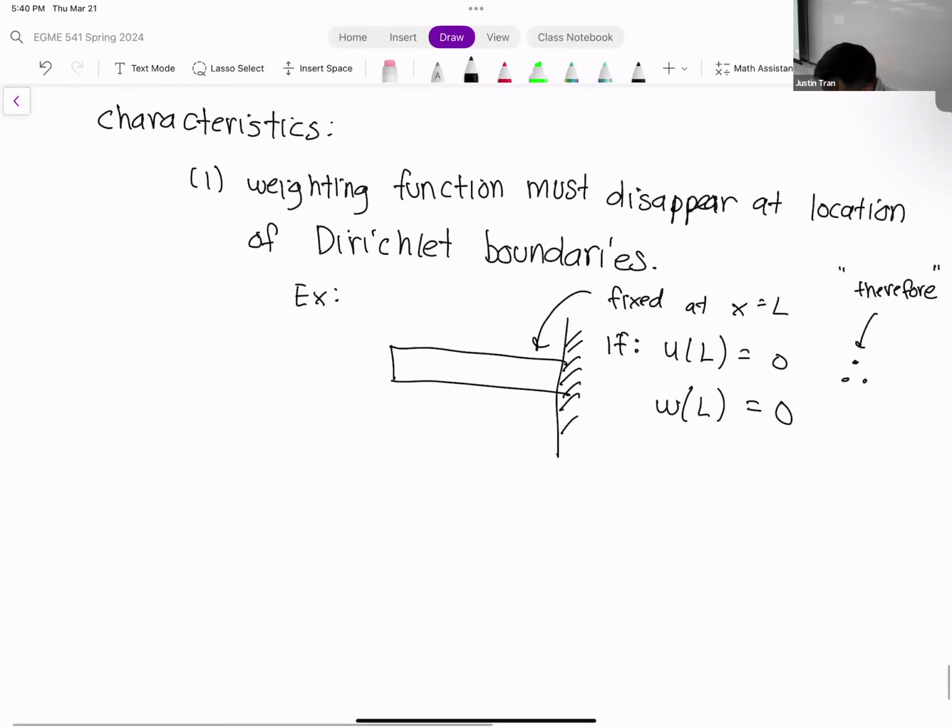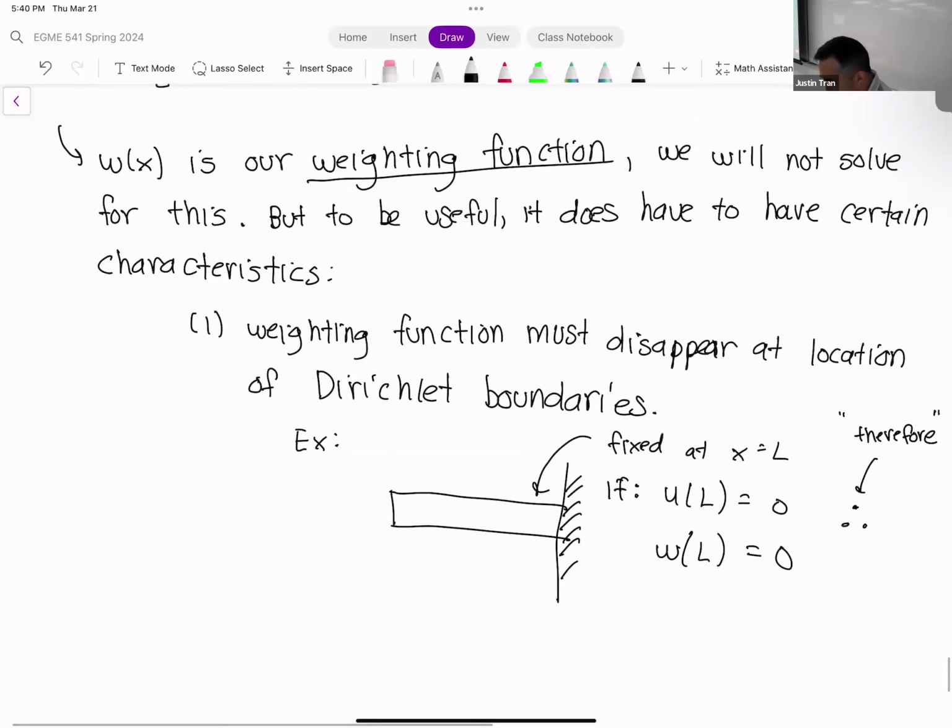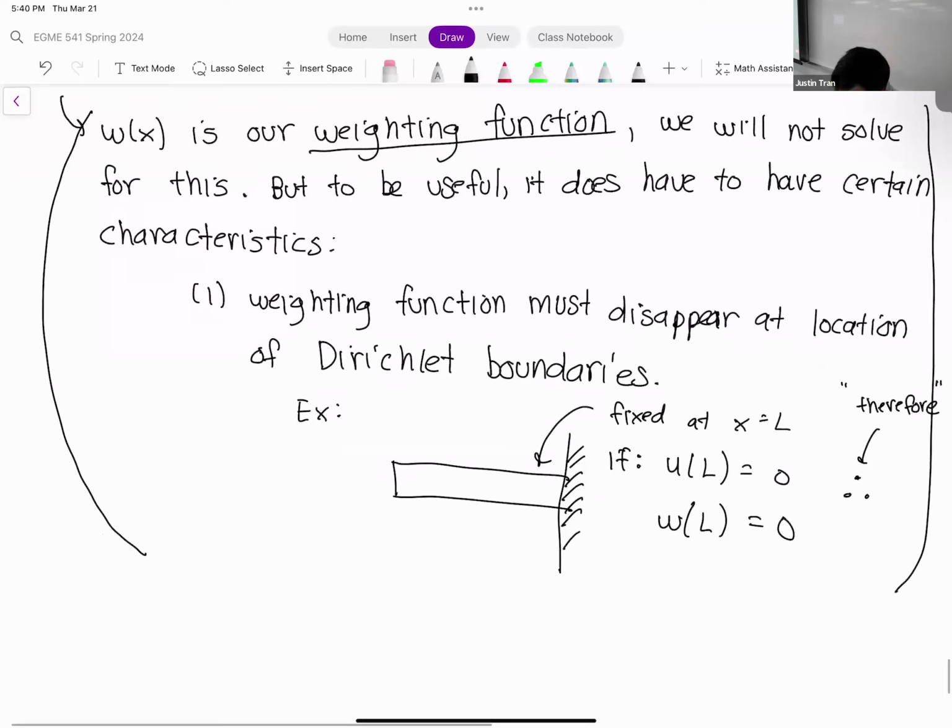Okay. So with that in mind for the weighting function, let's go ahead and apply our integration by parts.